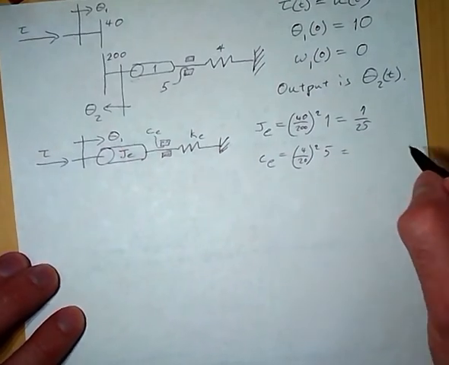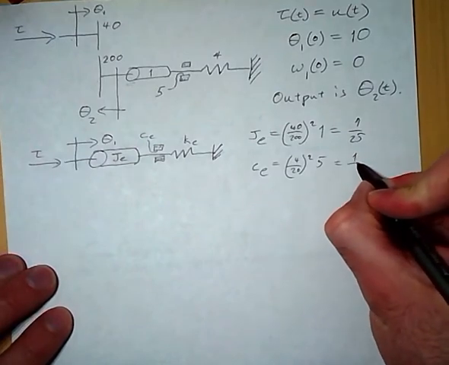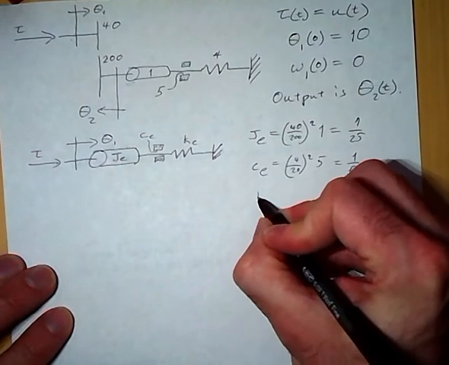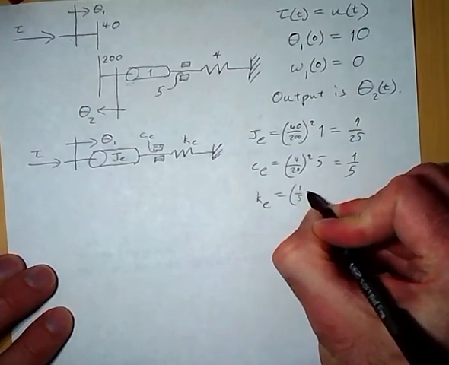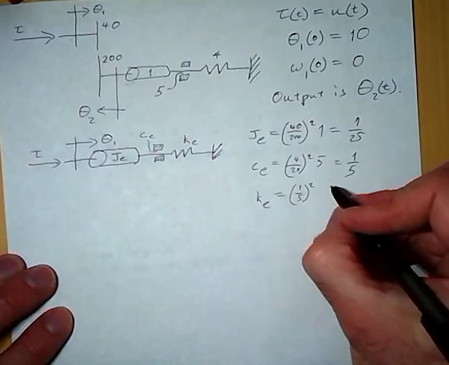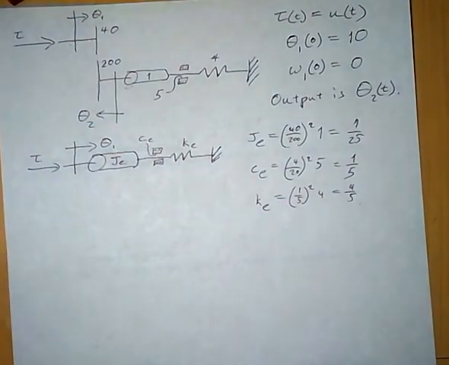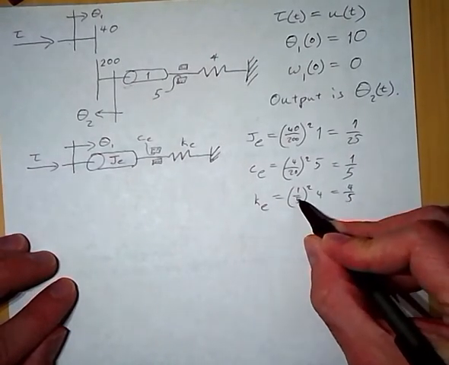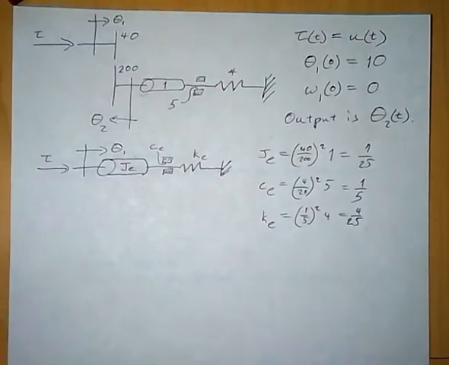And the equivalent spring constant is again 1/5 squared times 4, so that's 4/5. Yeah, that's a mistake. It's not 4/5, it's 4 over 25. So 4 over 25 is KE. Alright, now we have values for that.